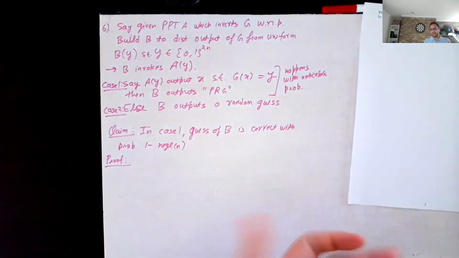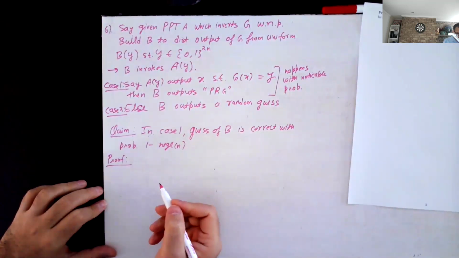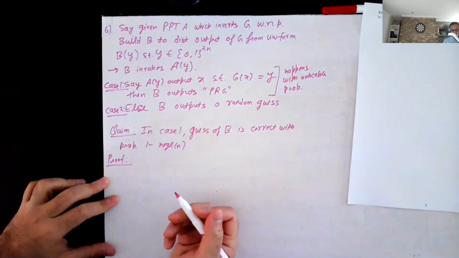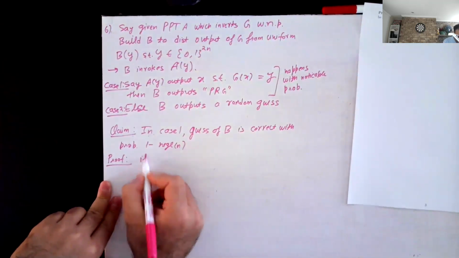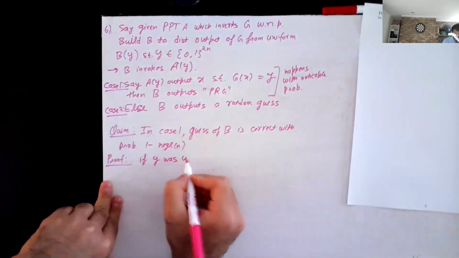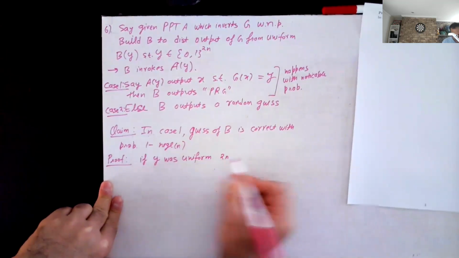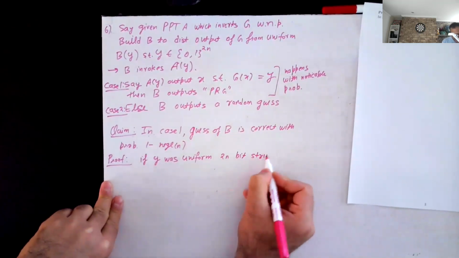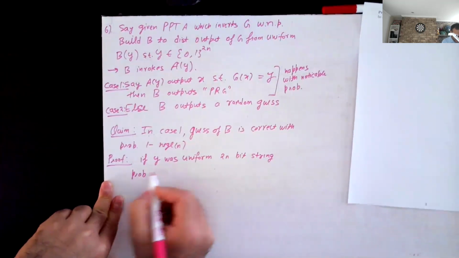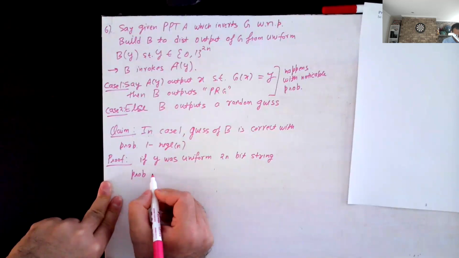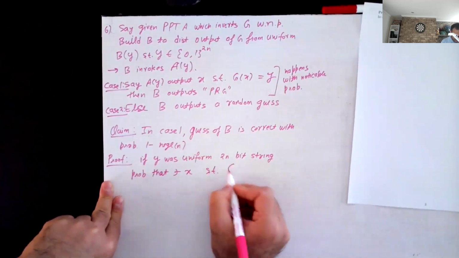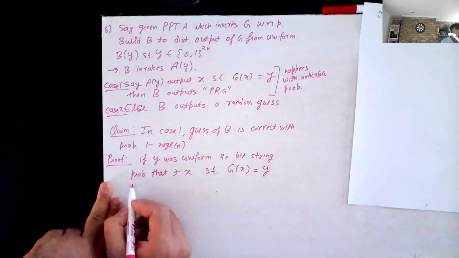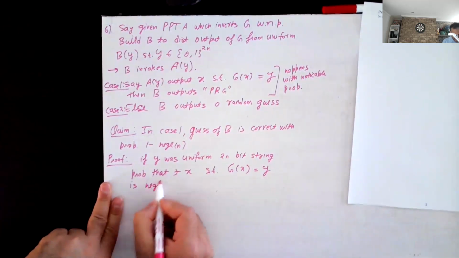So if A successfully manages to invert, then the output must indeed be coming from the PRG G. And this is because if y was a uniform 2n-bit string, the probability that there exists x such that G(x) equals y is actually negligible.